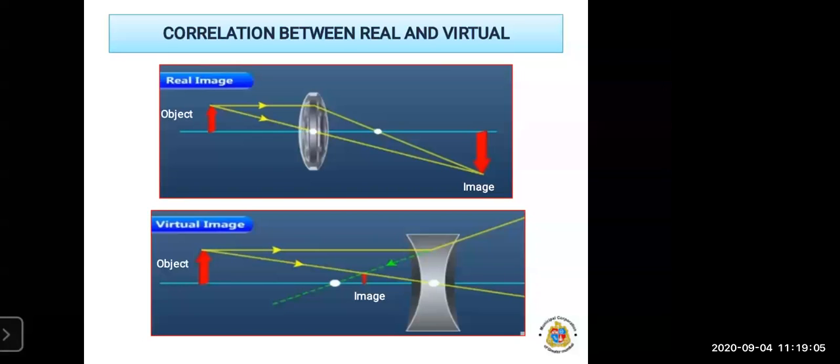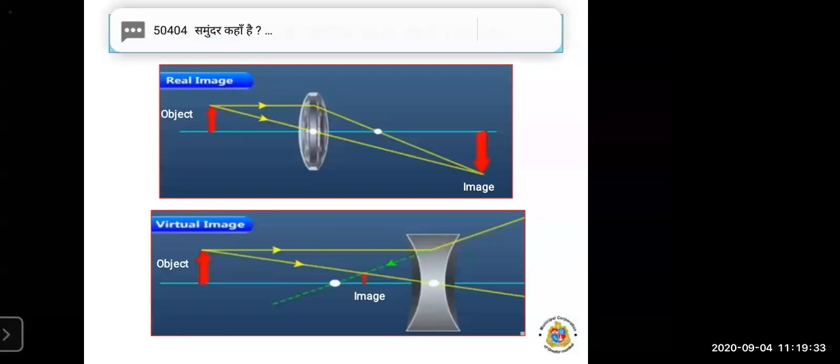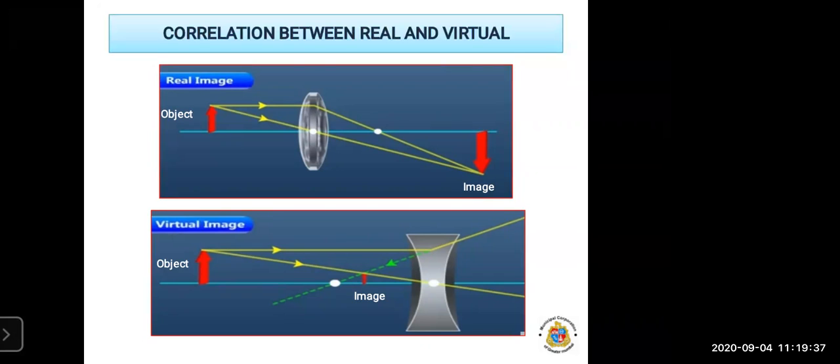Now the first and third rules apply on this diagram. The first rule is what? When the incident ray is parallel to the principal axis, the refracted ray always passes through the principal focus, right? And what does the second ray show? When the light ray passes through the optical center, it does not change its direction, and after refraction, the image is formed at the point where the two refracted rays intersect each other.